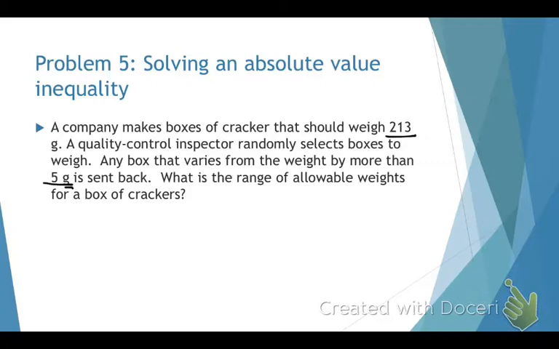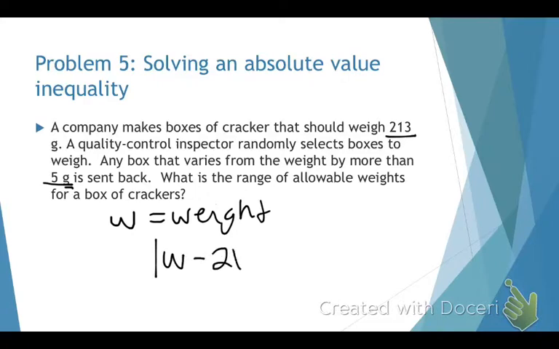If I talk about the weight in grams being my variable, I would solve the difference between the actual and the weight, W minus 213, because that is what my box should weigh, is at most or is no more than 5. And here I have my inequality.